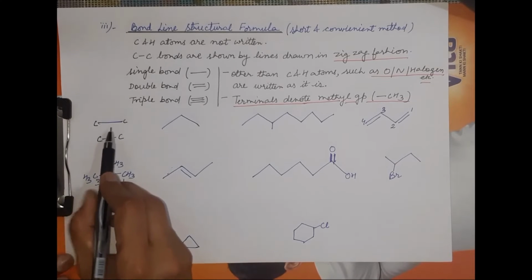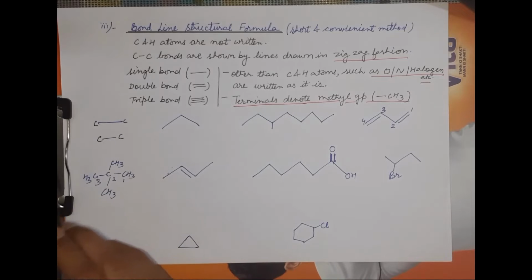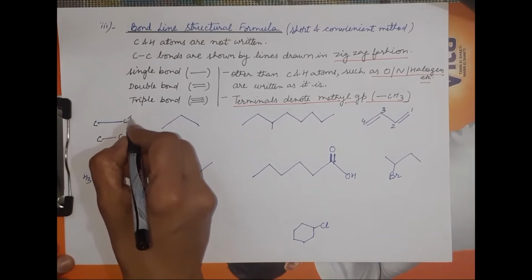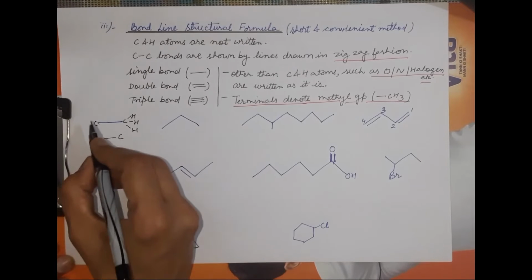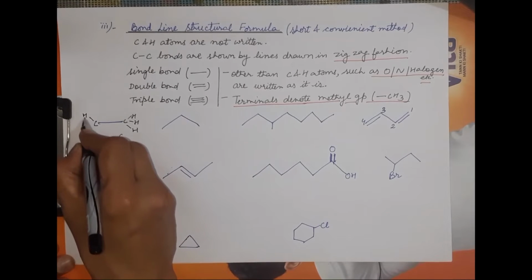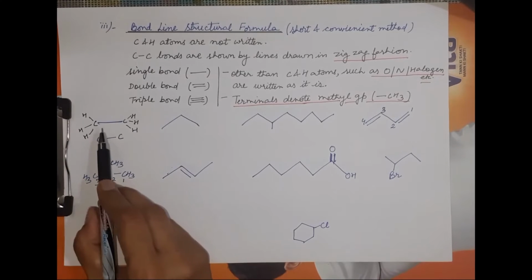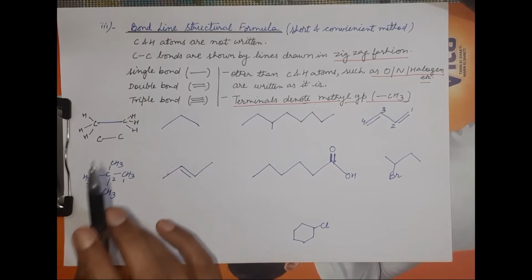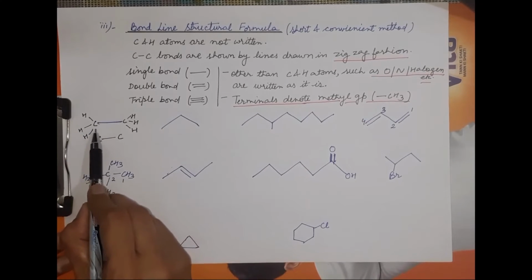Here we can see one single bond between two carbon atoms, so both carbons will have three hydrogen atoms; only then is the valency of each carbon satisfied.